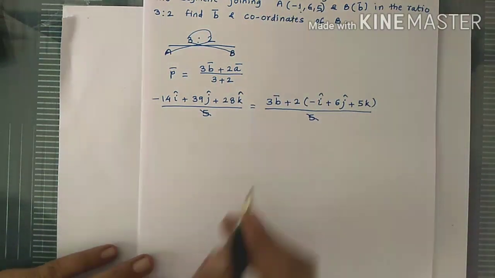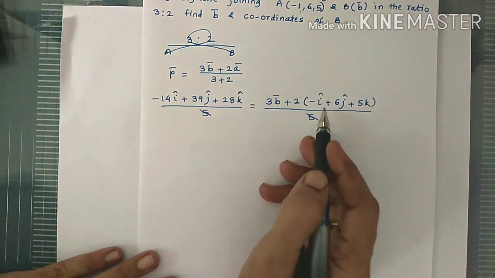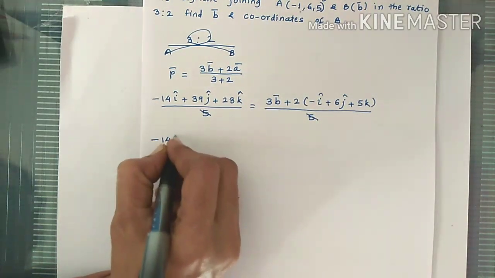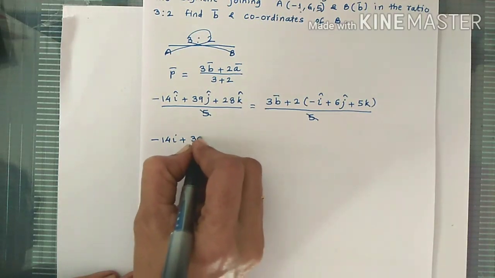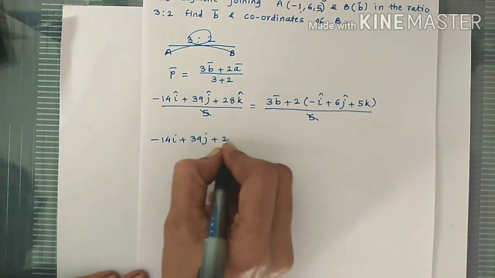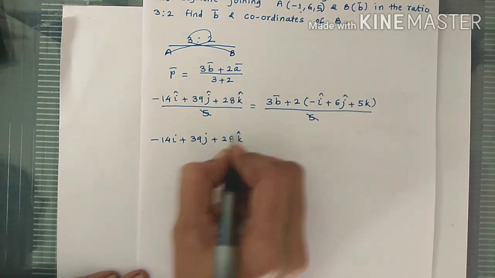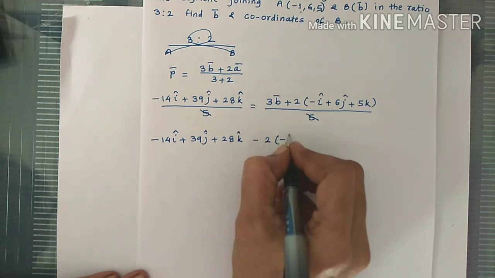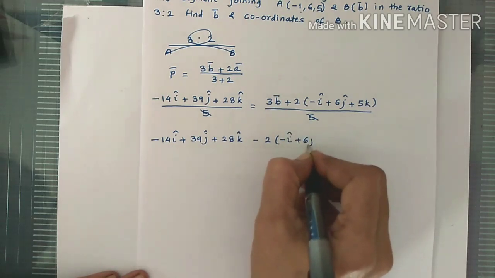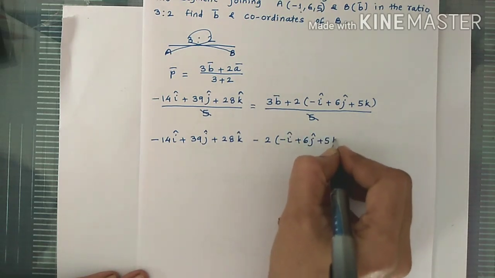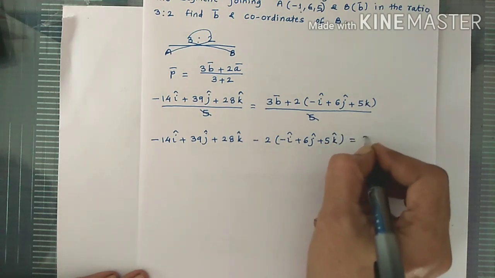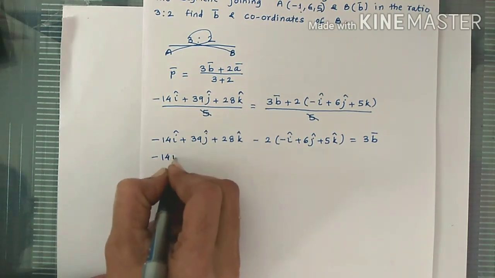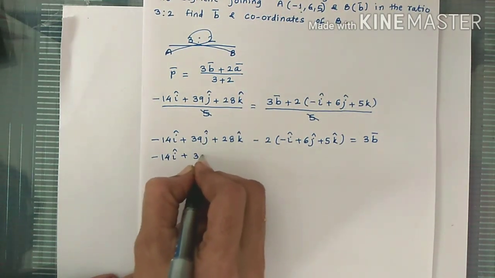Now to find b bar, let's write this term with a bar on the left hand side. So we have minus 14i plus 39j plus 28k minus 2 into minus i plus 6j plus 5k, and this is now 3b bar. So let's solve this.